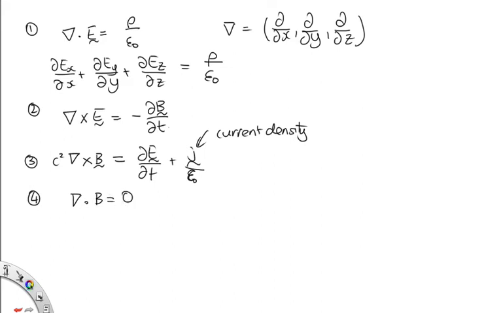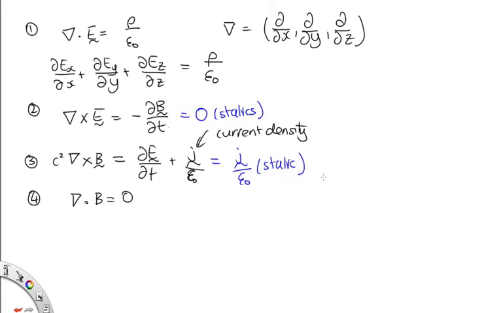Now let's just consider the static case where we've got no time dependence. So this is completely independent of time. This one in the static case is equal to 0. And in the static case, this dE/dt is 0. So this is equal to J over epsilon naught in the static case.